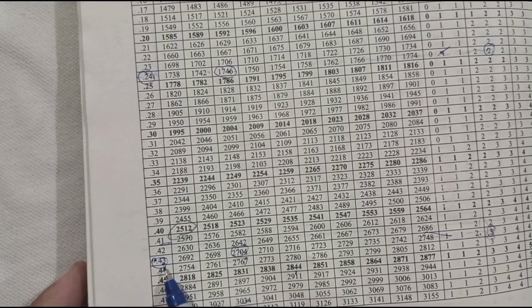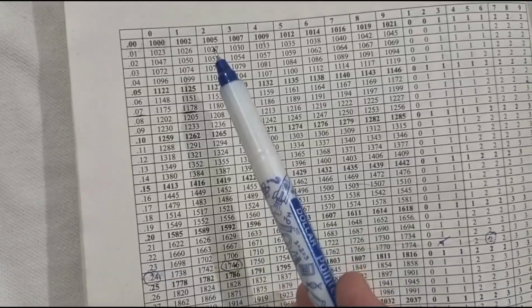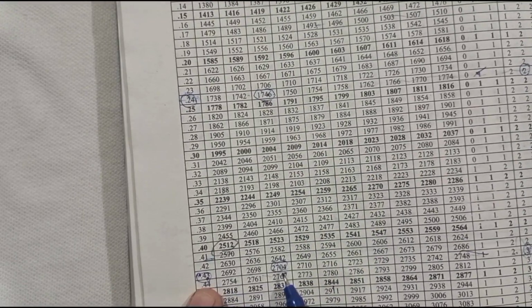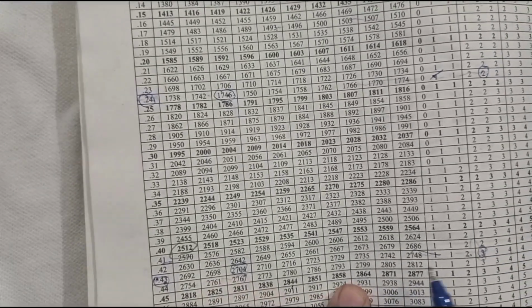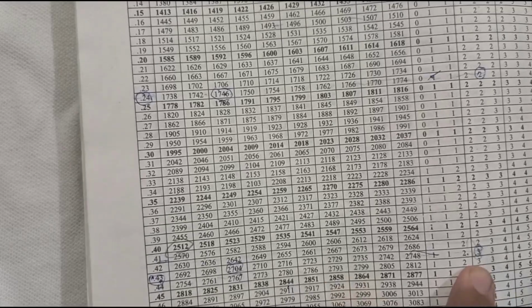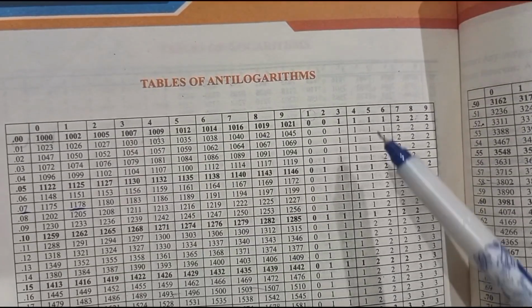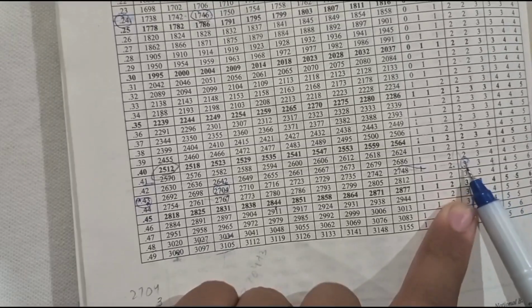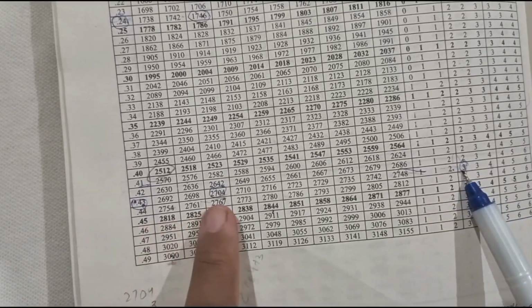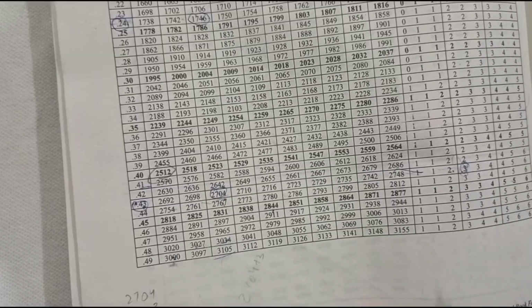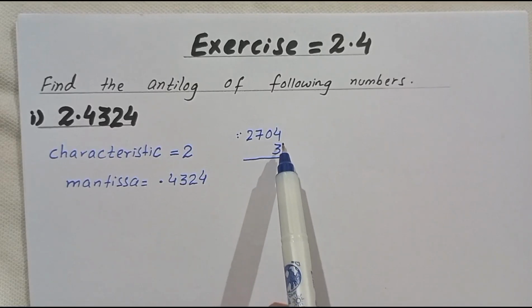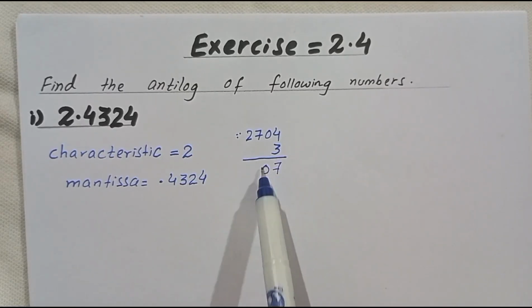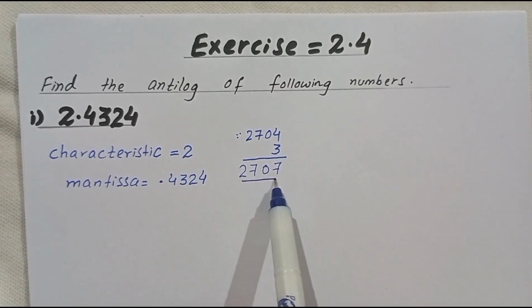The value of 0.43 in the second left column is 2704, and in the fourth right column the value is 3, so we have to add 3 to 2704. Adding 2704 and 3 we get 2707.